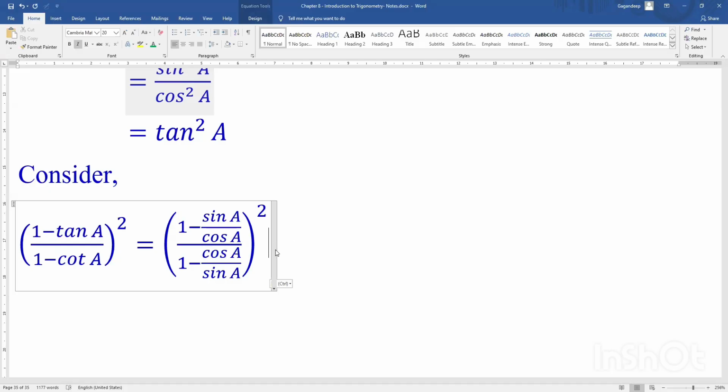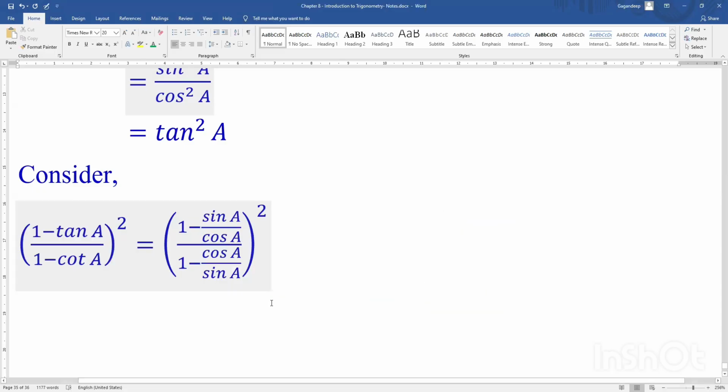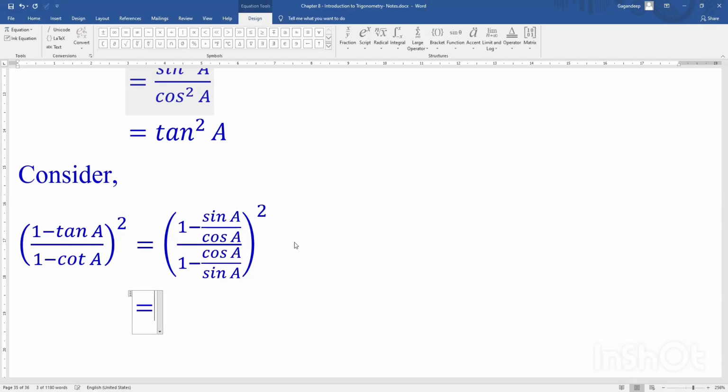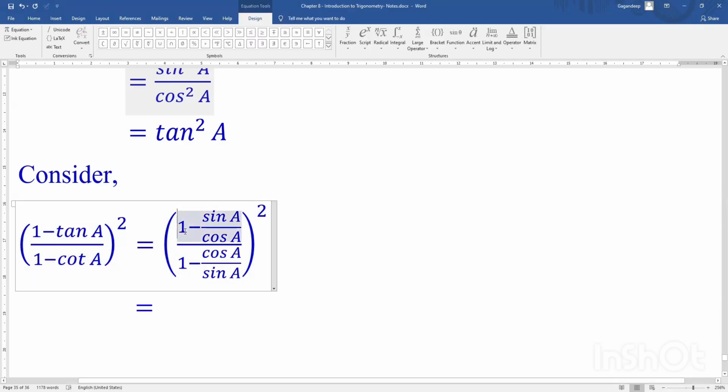Next, here you can apply the cross multiplication method. Write 1 by 1 here, and here also 1 by 1.